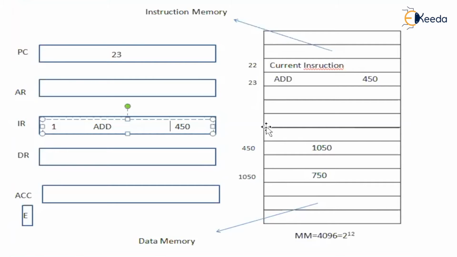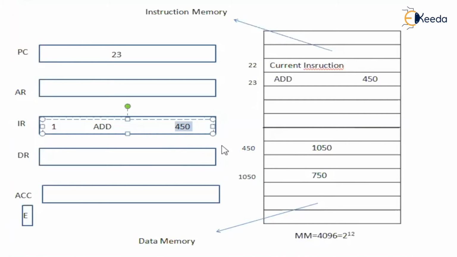We already discussed two of the addressing modes in our previous sessions: the direct addressing mode and the indirect addressing mode. In the direct addressing mode, the address part of the instruction specifies a direct address.